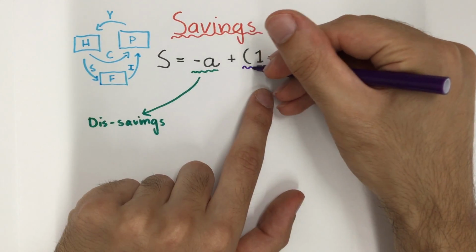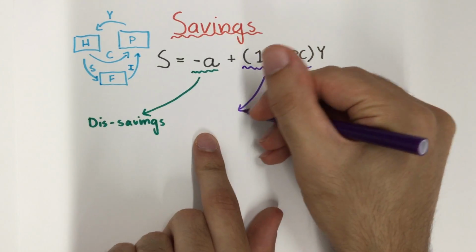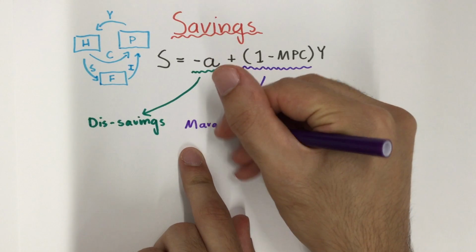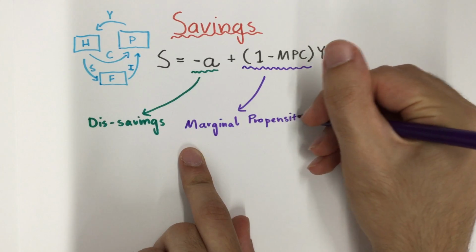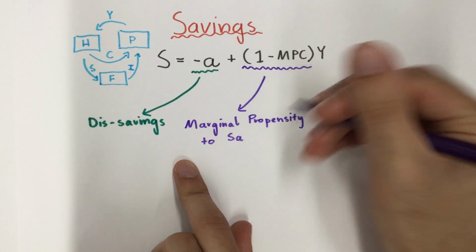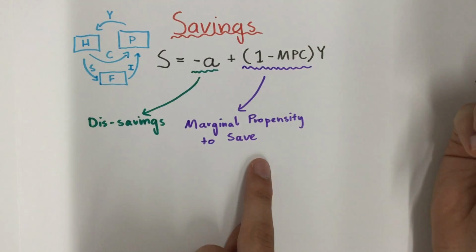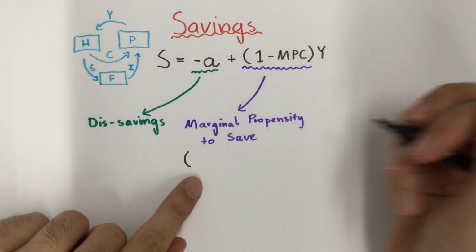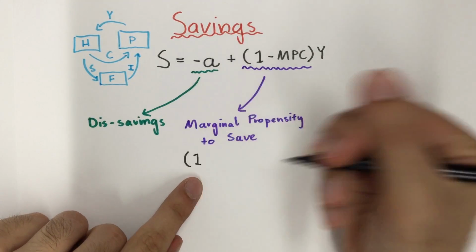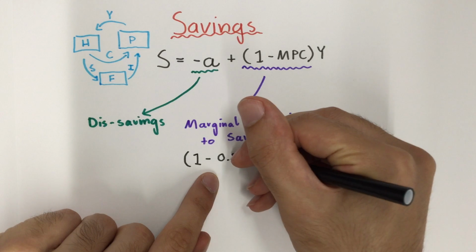Now, we take the 1 minus the MPC here. We can take this group, we're going to call this group the marginal propensity to save. That's 1 minus the MPC, which was the marginal propensity to consume. This is now the marginal propensity to save. And what this is telling us is, let's take, I'll do it here just as an example, let's take 1, and let's say that we had a marginal propensity to consume of 0.75.